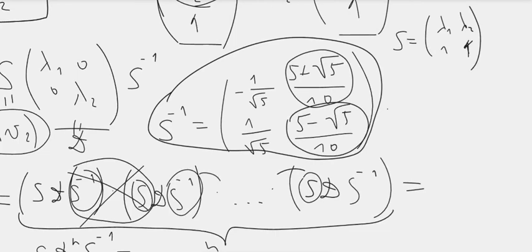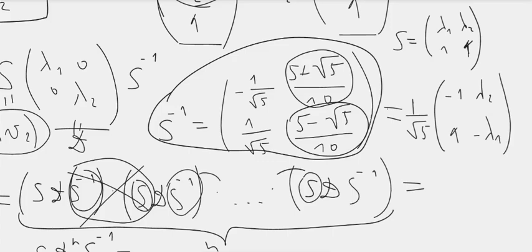So after this simplification, we can write this matrix S to the power minus 1 is equal to 1 over square root of 5. We move it here, and here we have minus 1, 1, lambda 2 minus lambda 1, or we would need another form.